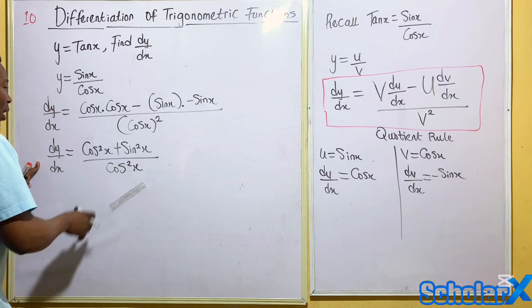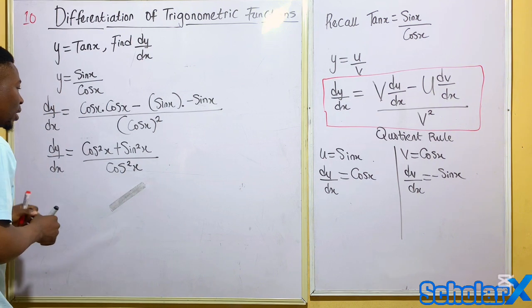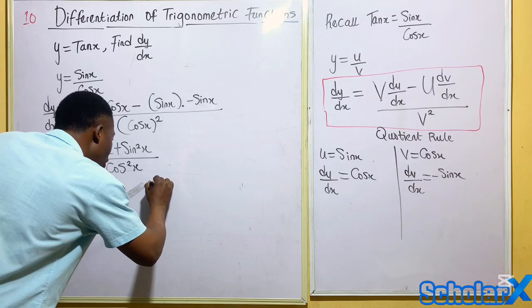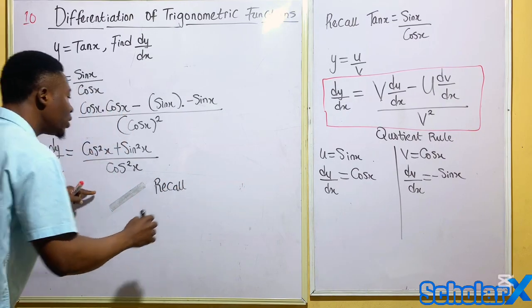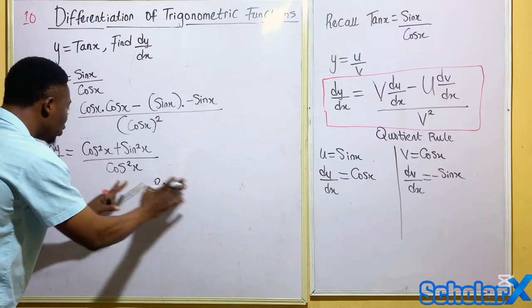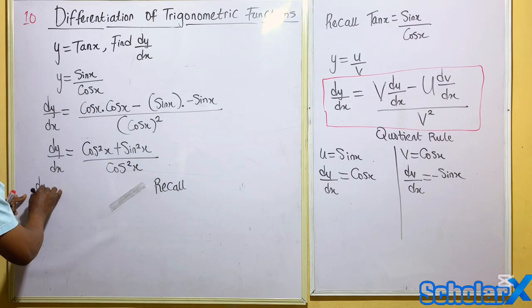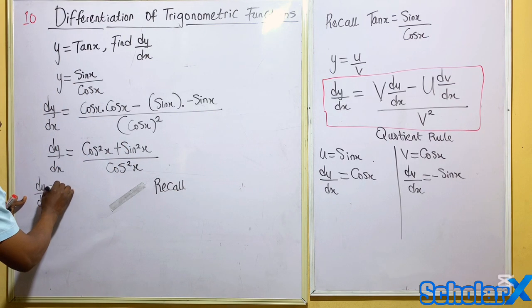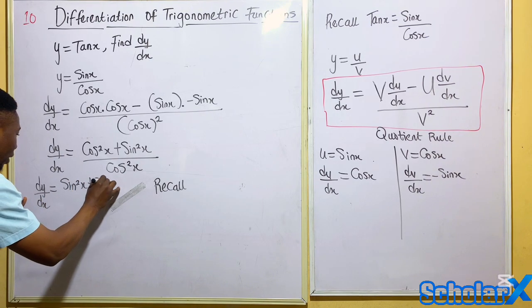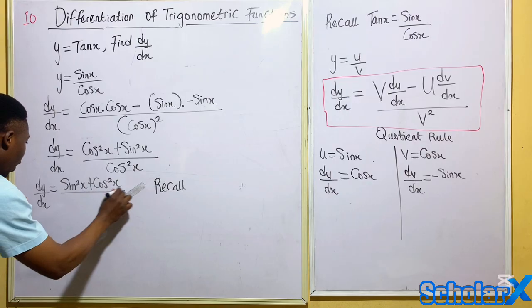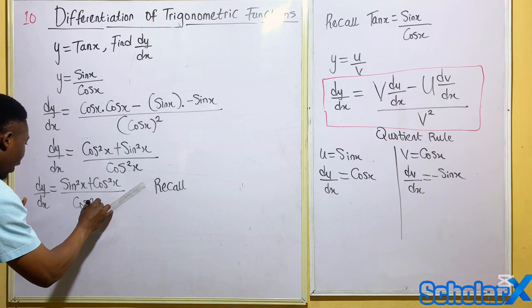Now before I go to the recall, note that you can also write this as dy dx is equal to sine squared x plus cos squared x over cos squared x.